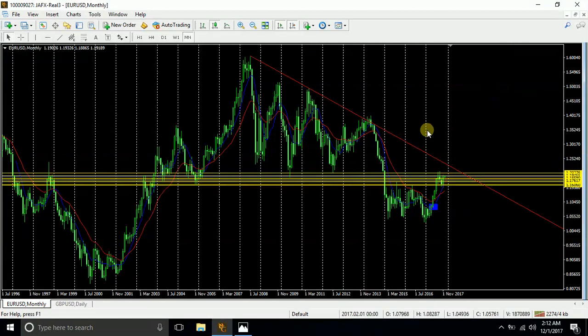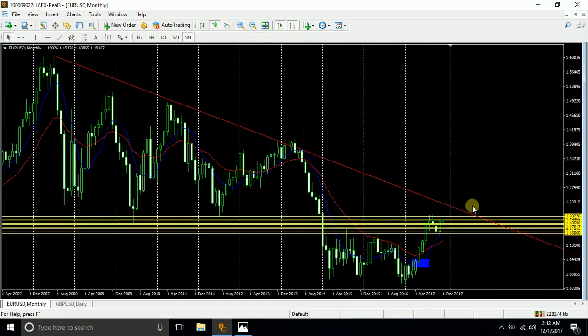We can remove this one. And here, we'll be able to see that upon this cross, we're potentially moving still continuously to the upside.